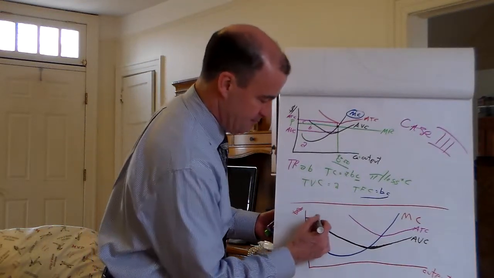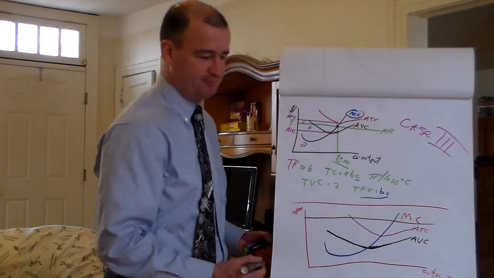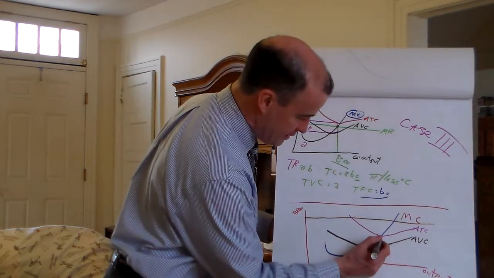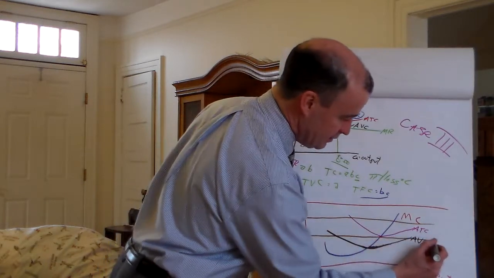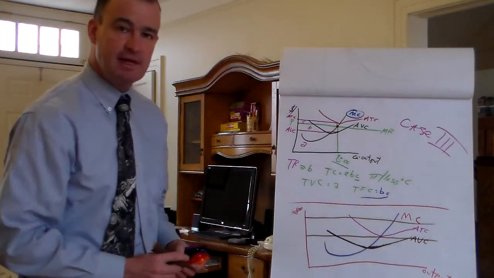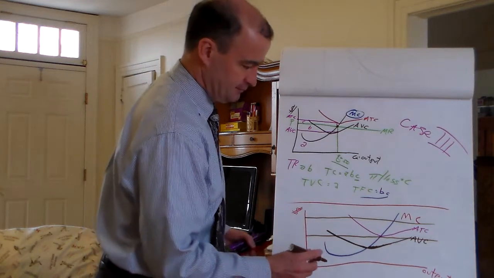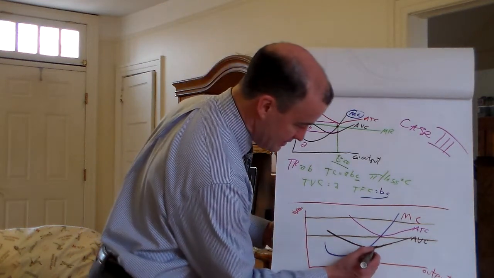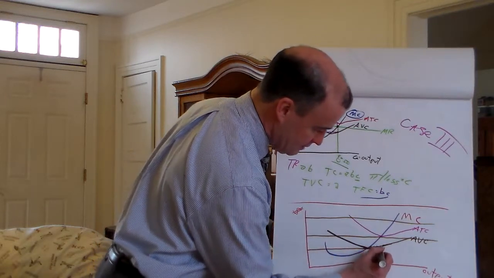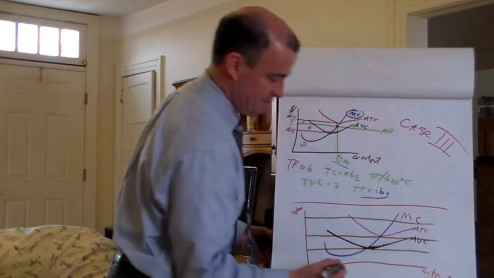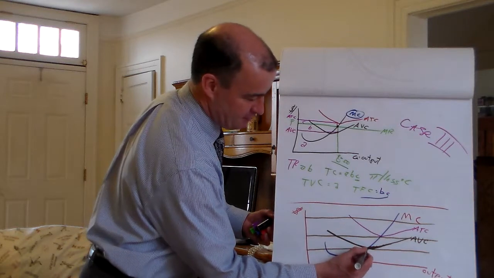One's way high, like that one. Then there's one that goes right there, and it clearly intersects that minimum point of the average total cost curve. And then there's one right there, and more clearly on the handout than here, it's at the bottom of the AVC.